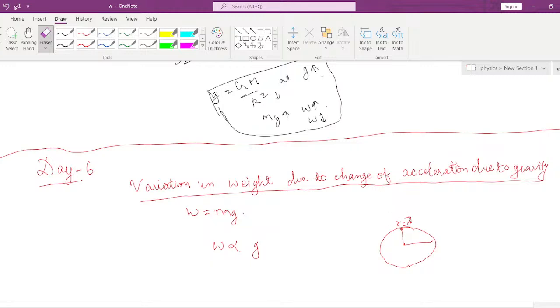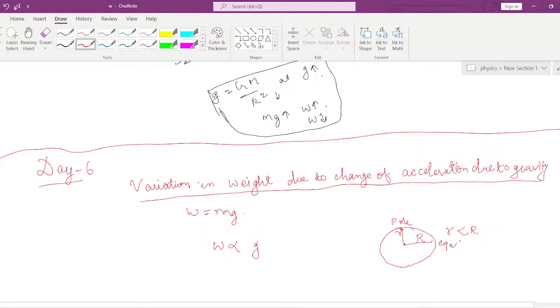Let's say we have r at the pole and capital R at the equatorial region; then r is smaller than capital R, because one is at the pole region and the other is at the equatorial region.